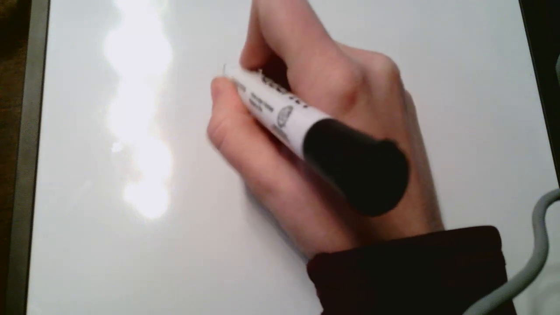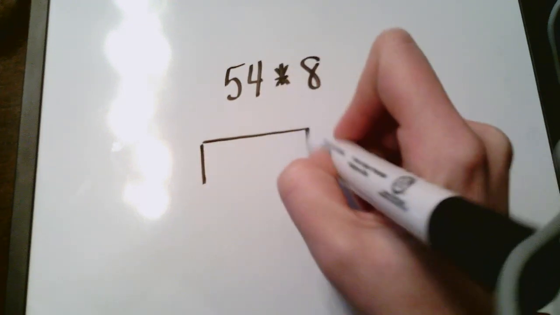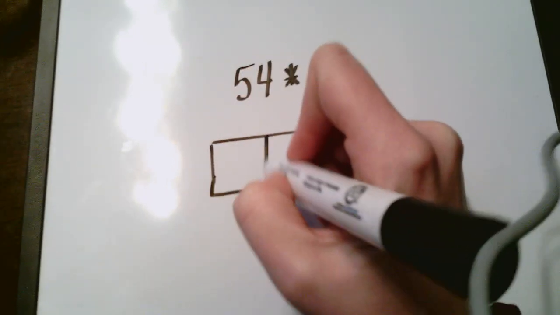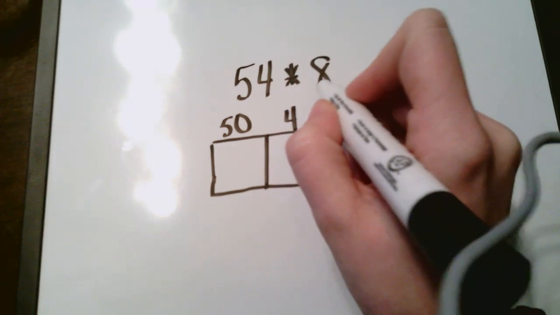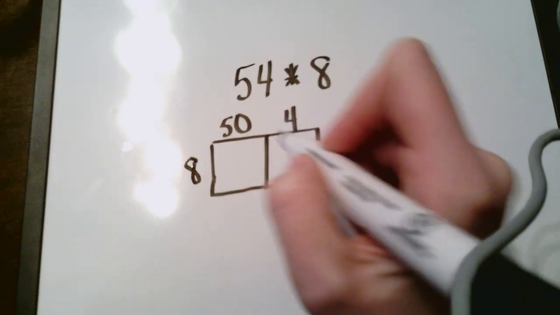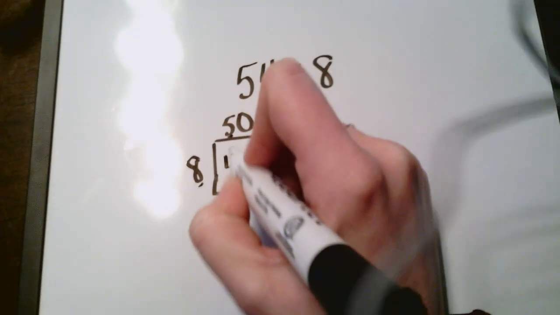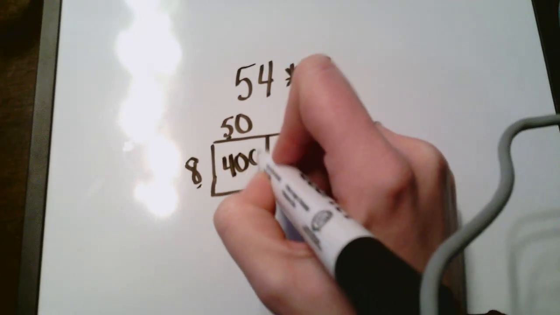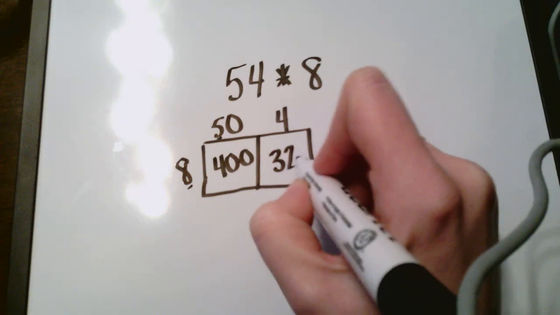Our fourth problem is 54 times 8. So we make our box. 54 splits up into 50 because there's 5 tens, and 4. 8 doesn't split up because it's just the ones place, so it stays our 8. 8 times 5 is 40, and so 8 times 50 is 400. 8 times 4 is 32.